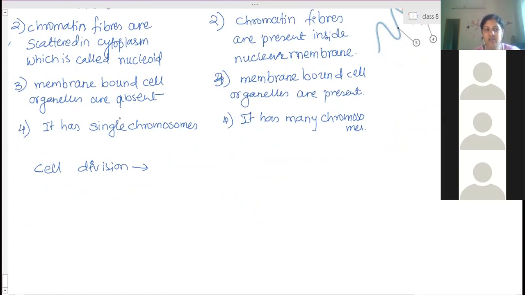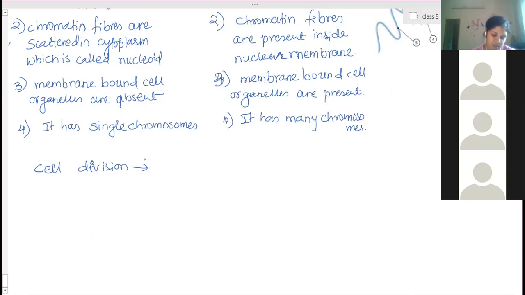That is because the nearby cells divide and cover up those worn out cells. The damaged cells in the scratched area have died, and they are destroyed by lysosomes. Then that area has to be filled up. So that filling up is done by the nearby cells, which divide and form new cells. That is called the cell division process.